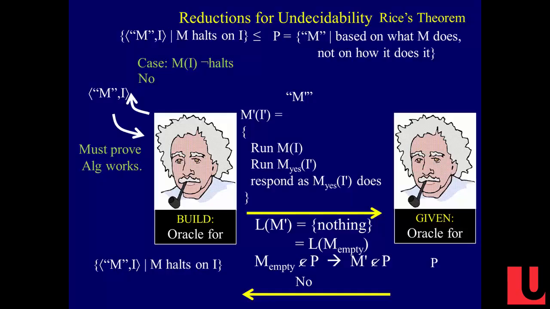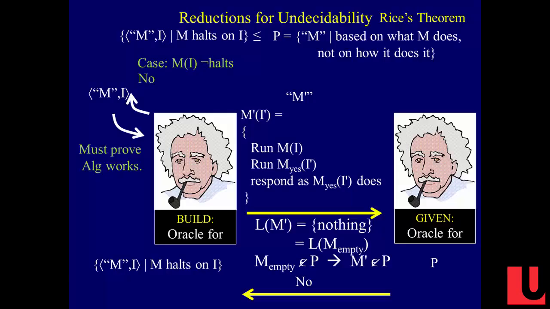Now, you might ask, what about P_empty and P_yes? Well, there are just some Turing machines that we came up with. This P_empty Turing machine, we know exactly what it is. It's the Turing machine that just always says no. Its language is nothing, the empty set, and we know that P says no to it.